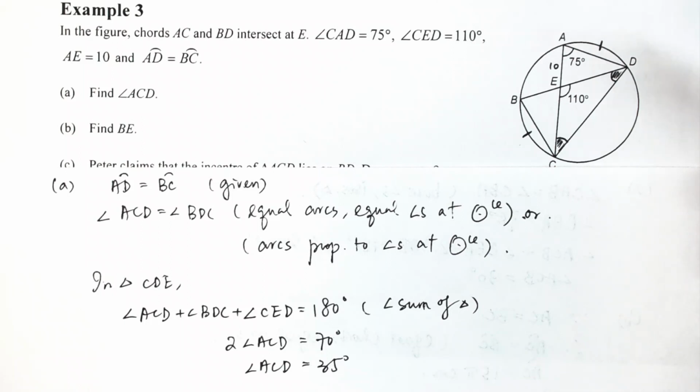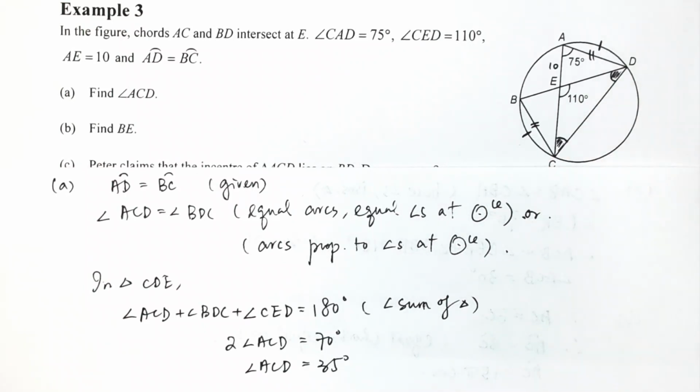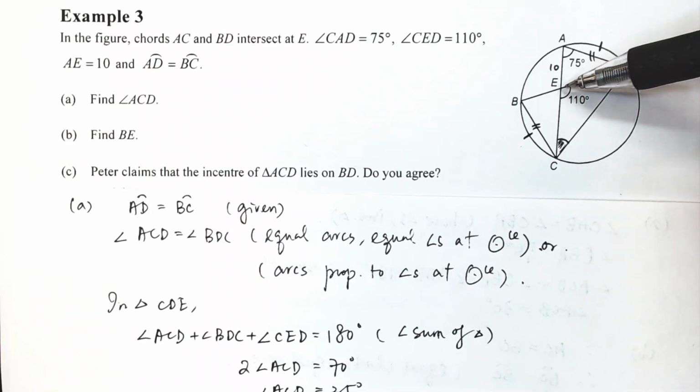So because we have equal arcs, we can deduce the 2 chords are equal. And what do we have? We have 4 points on the circle with AC intersect BD at point E, and so we can consider angles in the same segment.